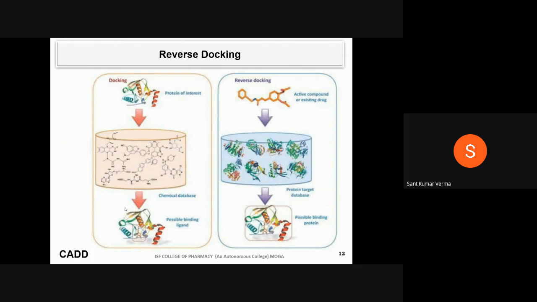You dock this ligand with each individual protein and identify which protein is most suitable, which protein shows maximum affinity with this ligand, with the minimum energy of the ligand-protein complex. We can identify a target for a ligand using reverse docking.